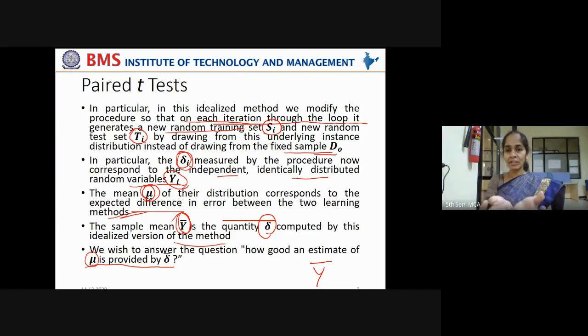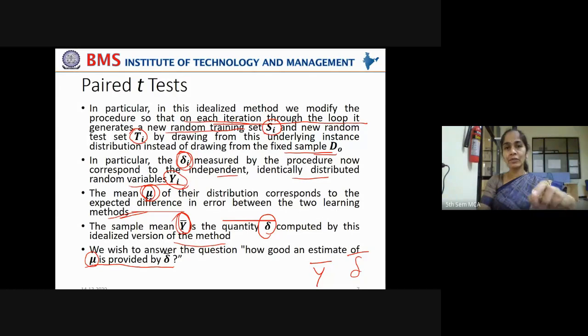Delta 1. What is the difference in the errors for the second experiment between the two algorithms? Delta 2. And so on. You perform that experiment many times. That will give you delta 1, delta 2, delta 3 and so on, all the errors across the experiments. Now add up all the errors and find the average, that will give you the mean error delta bar.